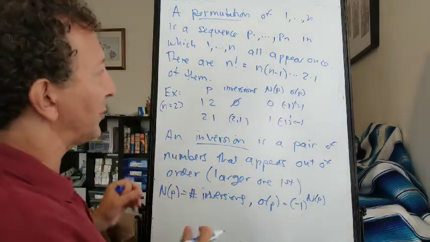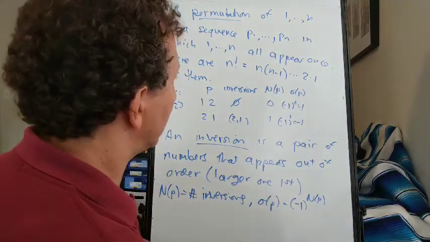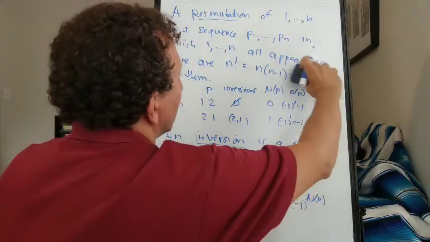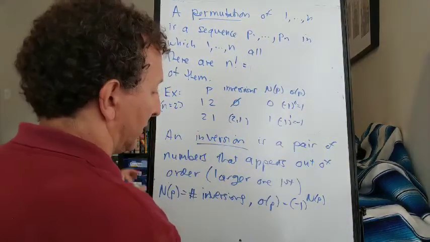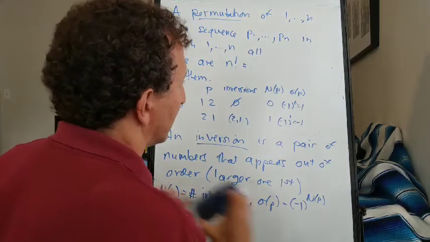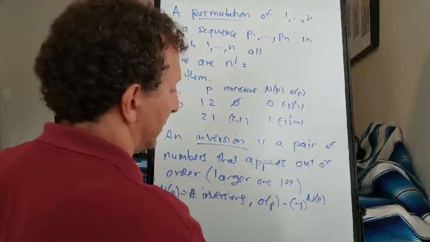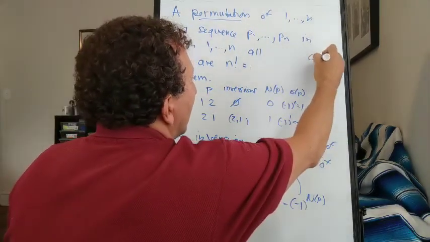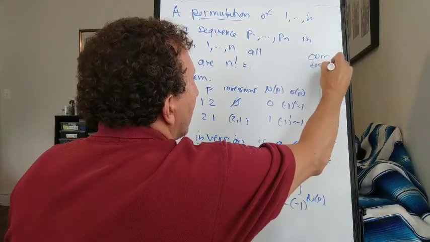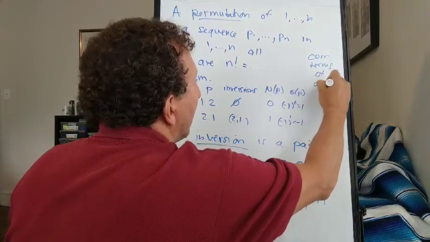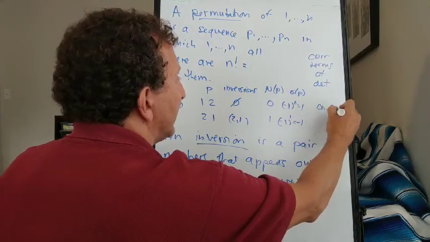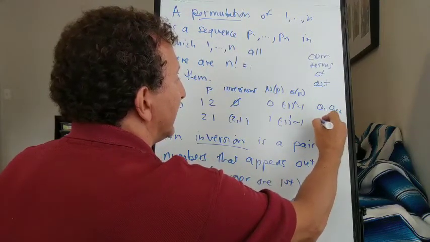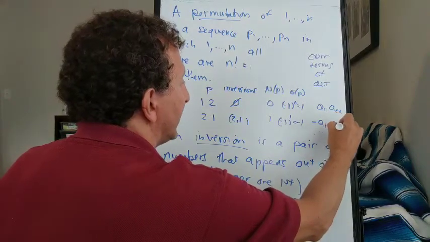Now the corresponding terms of the determinant are A11, A22, and negative A12, A21.